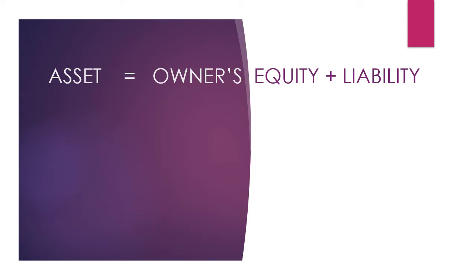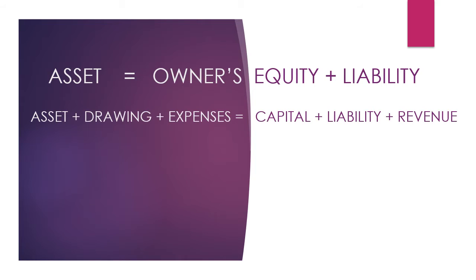So recap, the basic accounting equation is asset equals owner's equity plus liability. And the expanded accounting equation is asset plus drawing plus expenses equals capital plus liability plus revenue.